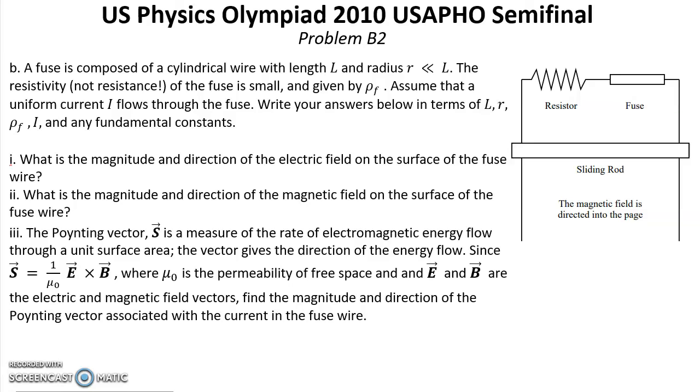Since S equals 1 over mu 0 multiplied by the cross product of the electric field and the magnetic field, where mu 0 is the permeability of free space and E and B are the electric and magnetic field vectors, find the magnitude and the direction of the Poynting vector associated with the current in the fuse wire.